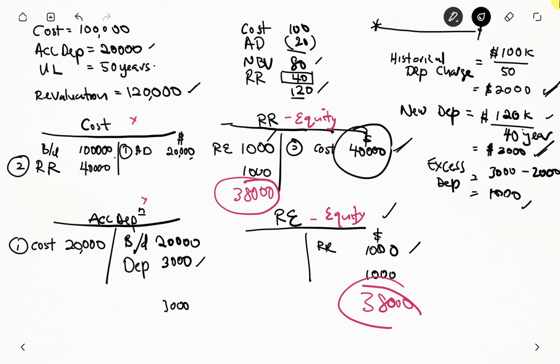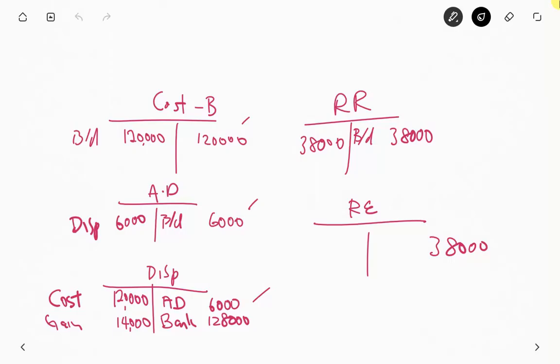Means first year transfer, second year transfer, I am left with 38. Then I sell. When I sell for how much? 128. So I credit and debit cost. After 2 years, it will be 6,000.